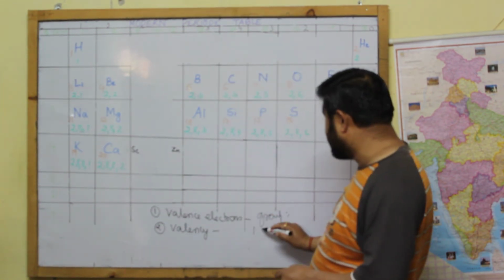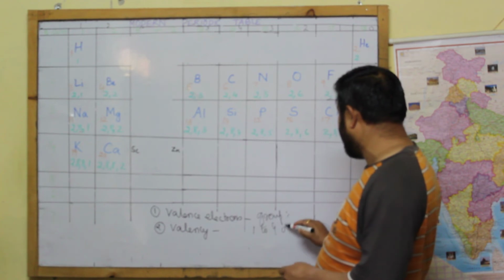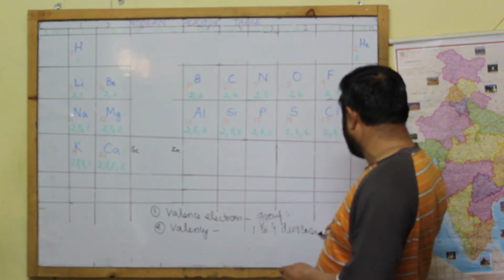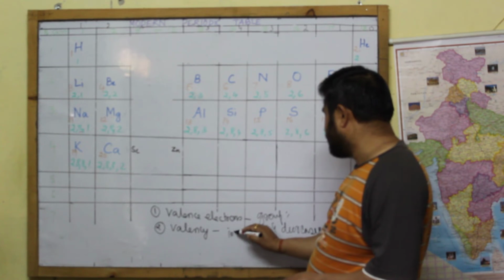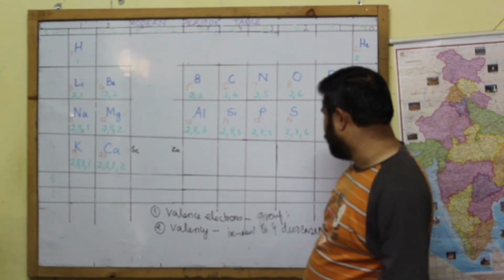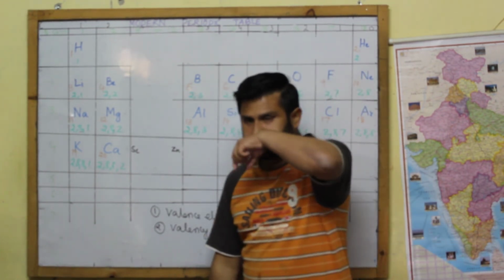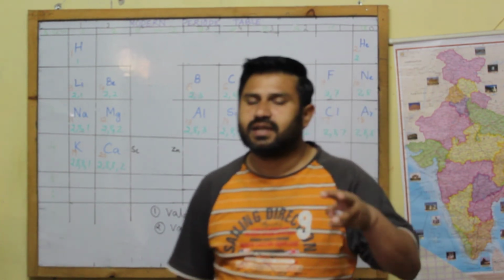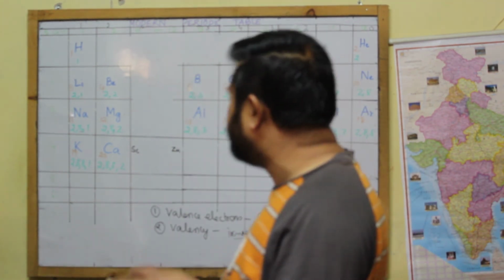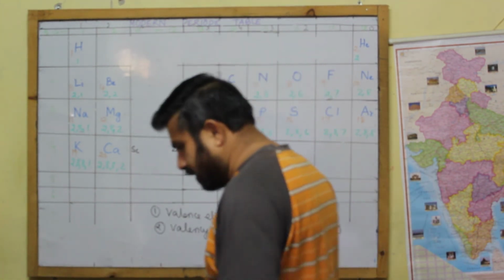At first it increases from 1 to 4 and then decreases to 0. So this is how the valency changes down a group and across a period.